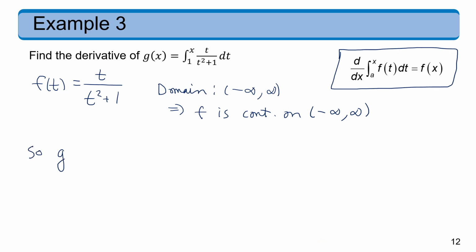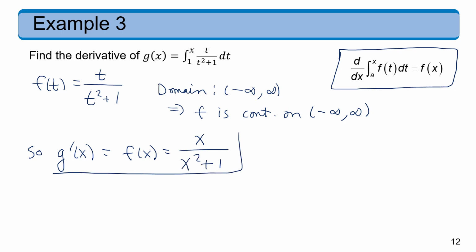So g prime of x will equal f of x, which, using the formula, is x over x squared plus 1. So we found g prime by using the fundamental theorem. We didn't have to use any derivative rules. It was just based on the fact that g of x had this form that applies to the fundamental theorem, and we were able to use the result from this formula.